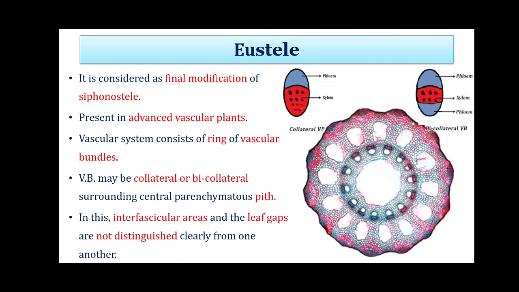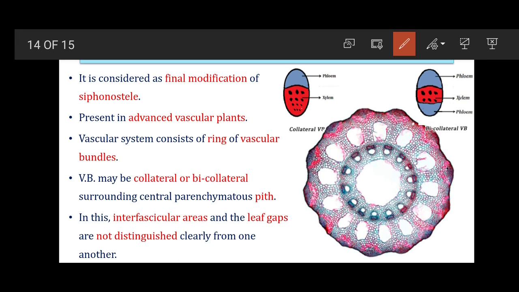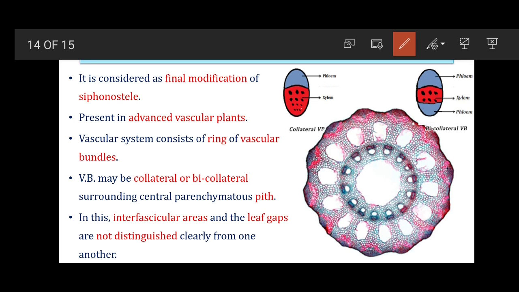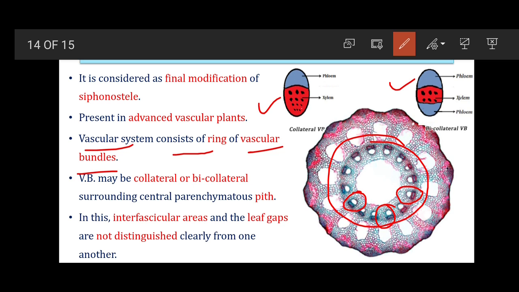Now later comes the final modification in the siphonostele, which is known as U-stele. In the U-stele, the vascular system consists of a ring of vascular bundles. Here you can see these are the small vascular bundles which are arranged in a ring-like fashion. These vascular bundles may be collateral or bicollateral.